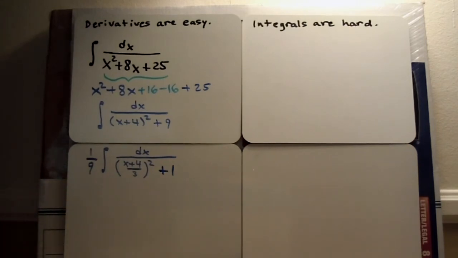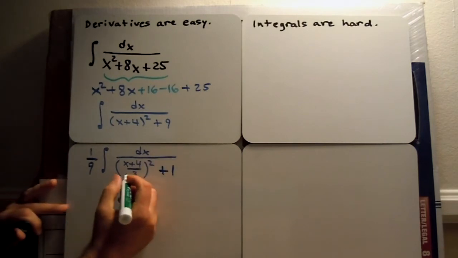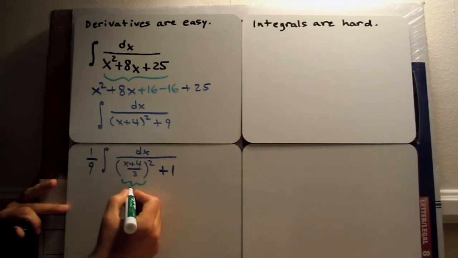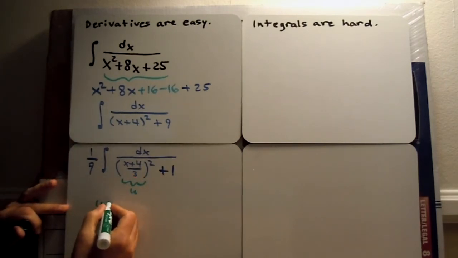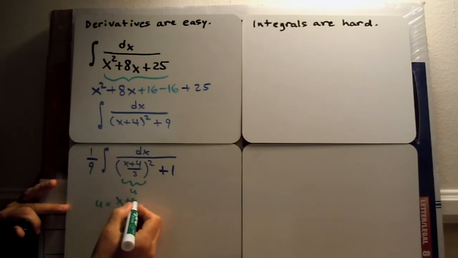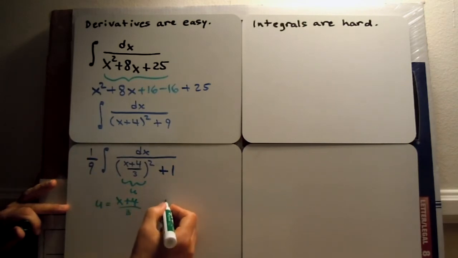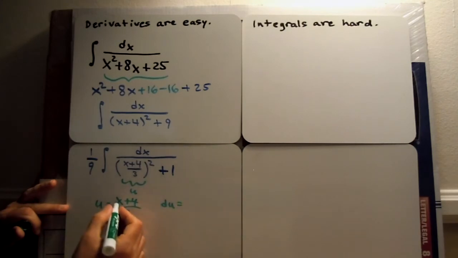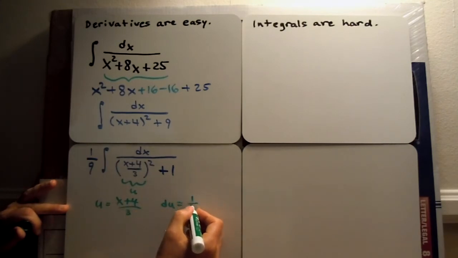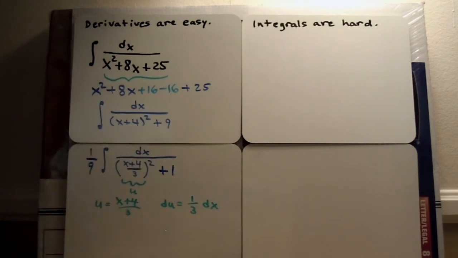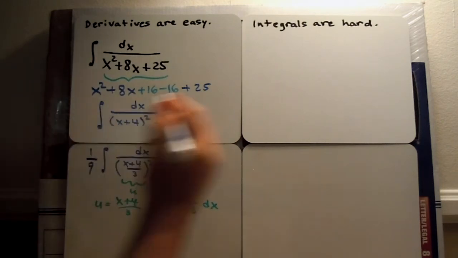So now it really looks like the arctangent form. Again, think of u as being x plus 4 over 3, and then the proper du would be 1/3 dx. You don't quite have the 1/3 there, but we could always put it there. So here's how I'm going to rewrite this.